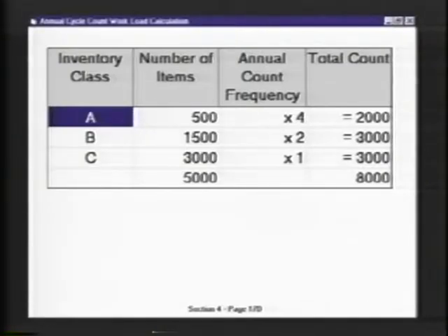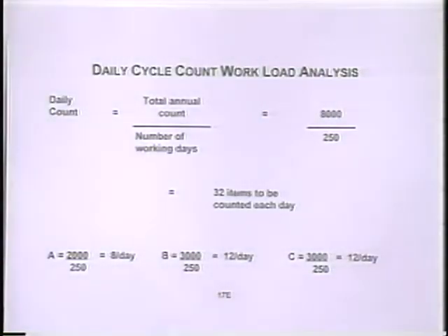Now moving on to the daily cycle count workload, we're going to utilize the formula that's shown on the left-hand top portion of 17E, and it says the daily count is equal to the total annual count divided by the number of working days.